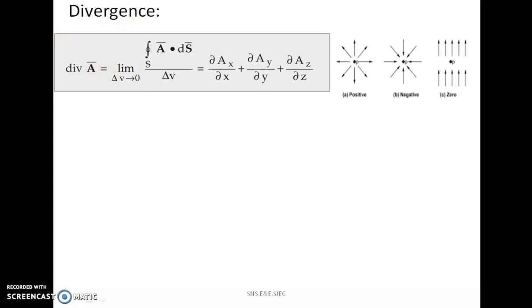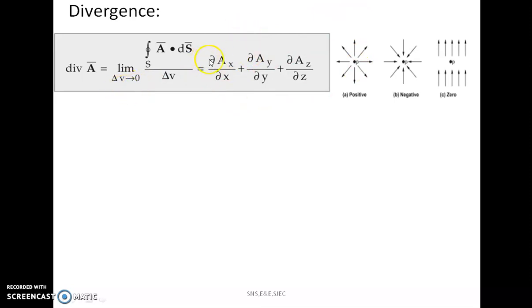So divergence of A is the limit as delta V tends to 0 of the surface integral of A dot ds divided by delta V, where delta V is the unit volume. I can also represent the divergence of A as dou Ax by dou x plus dou Ay by dou y plus dou Az by dou z. This is one more representation for divergence of A.